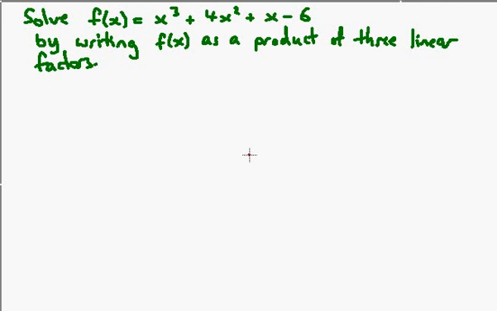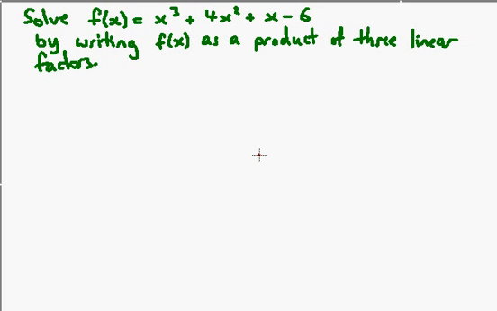Okay, here we're asked to solve a function of x by writing f of x as a product of three linear factors. What this means is that we need to write that equation as three brackets.